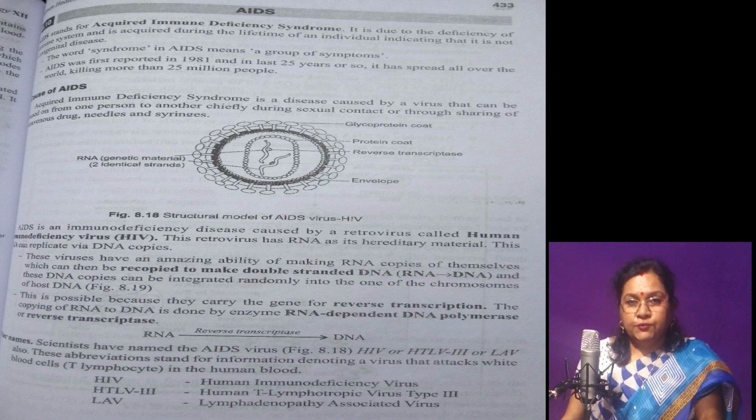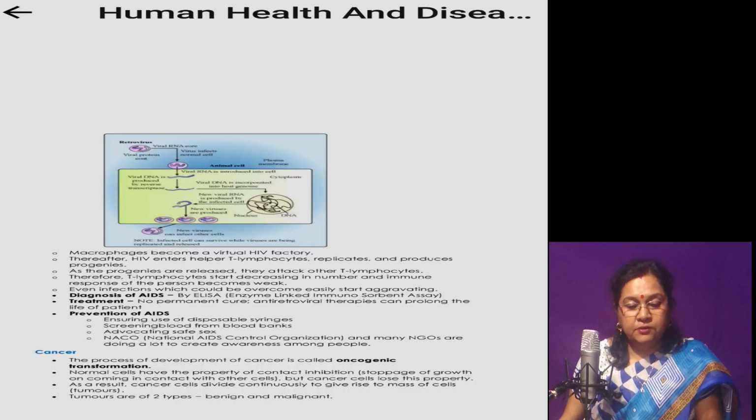How is it diagnosed? For HIV positive persons, the doctor advises the ELISA test, enzyme-linked immunosorbent assay. This test shows whether the person is HIV positive or negative.